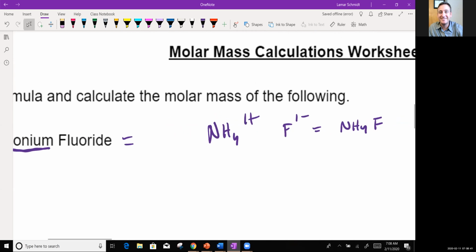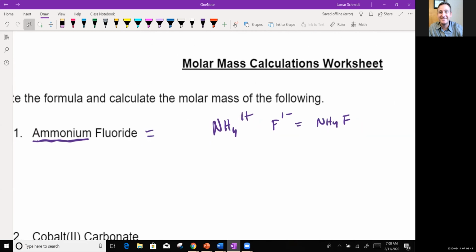Now all you have to do to get the molar mass of that is to break ammonium fluoride into its individual components. It is made up of nitrogen, hydrogen, and fluorine. So you just need to ask yourself, how many of each of those atoms do we have in NH4F? So we should see that we have 1 nitrogen.